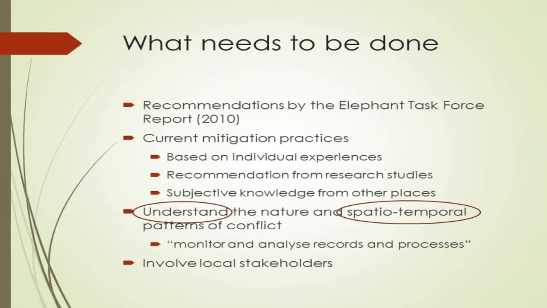So what the report specifically calls for is what got my interest. Specifically, they mentioned the spatio-temporal patterns of the conflict. You know, don't tell us there are 300 fatalities, 56 elephants died, so on and so forth. We need a little bit more detail.